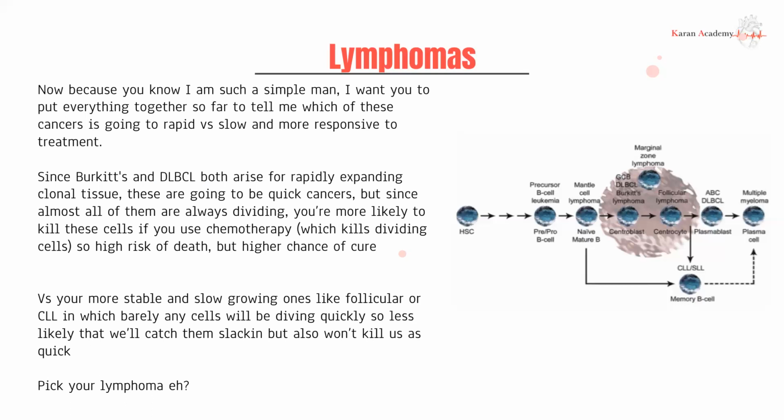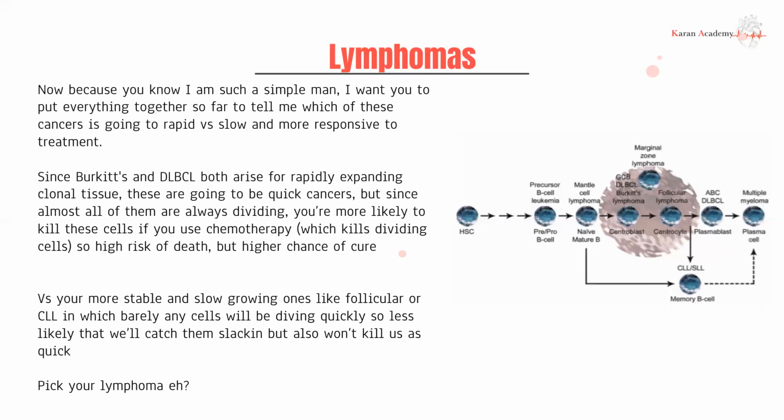Which is going to be hit by chemotherapy. Now, let's take the example of a slower growing lymphoma, like follicular lymphoma. As I said, because this arises from cells that were meant to go and die, follicular lymphomas tend to be composed of more mature cells. And as we know, mature cells don't divide rapidly. Because they don't divide rapidly, it's nice because they won't be very aggressive in how they present. But at the same time, chemotherapy is not going to be as effective, right?